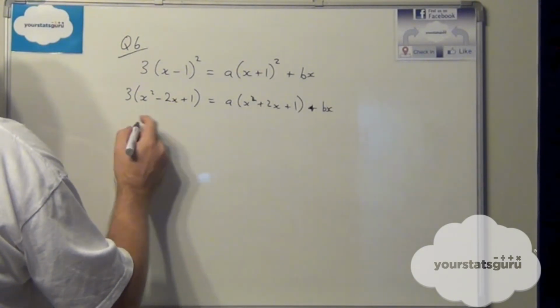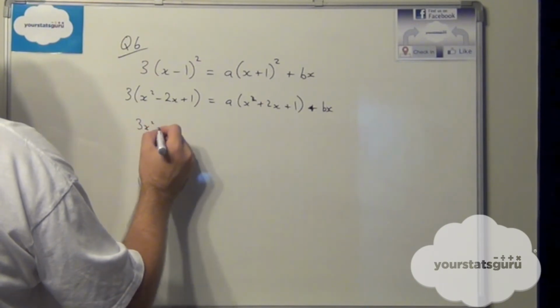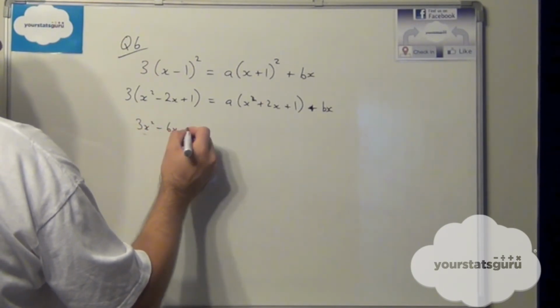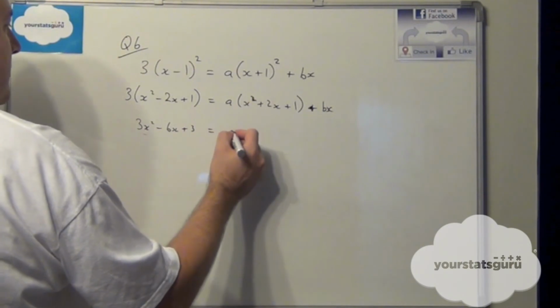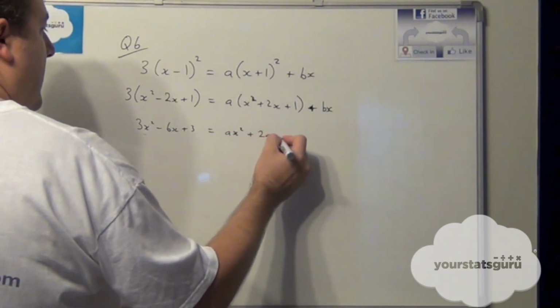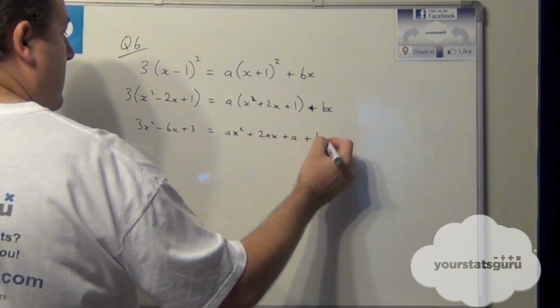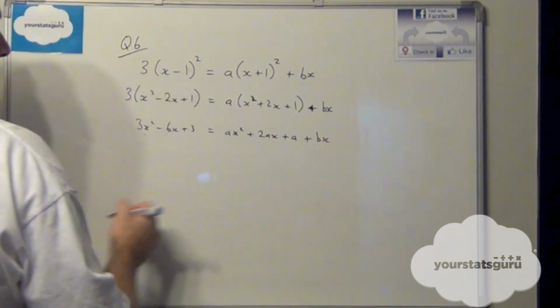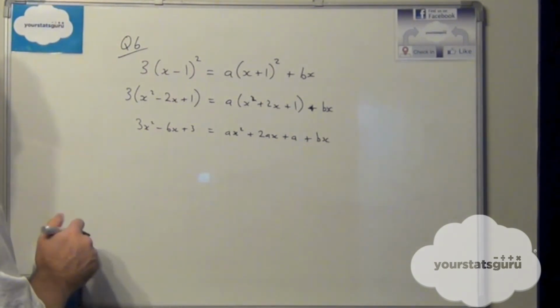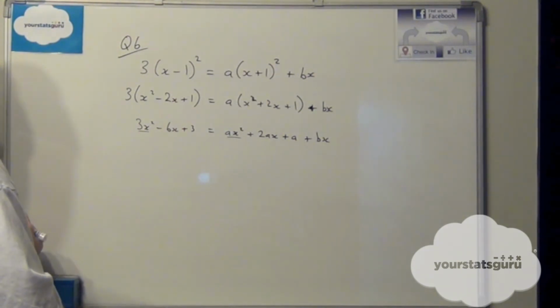Bringing in the coefficients, I'll have 3x squared minus 6x plus 3 is equal to ax squared plus 2ax plus a plus bx. Now, clearly, there's only one term involving x squared.